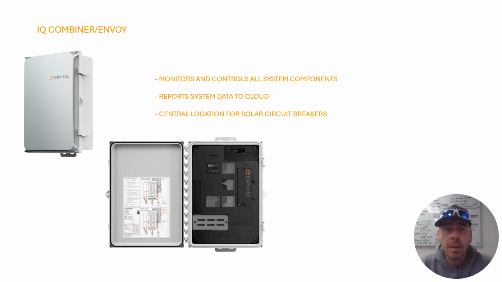It's also a central location for the circuits for the solar. All the circuits that go into a solar array for the different solar modules tied to the Enphase microinverters all come into this box, and they can be turned off and on there. The computer is inside of this, on the back side of the panel.